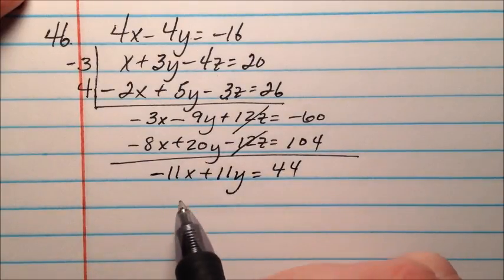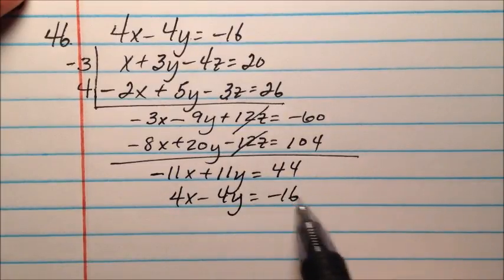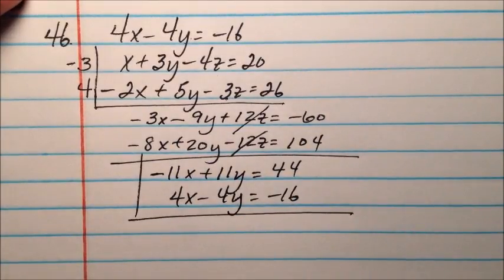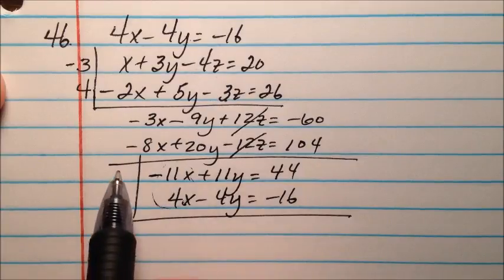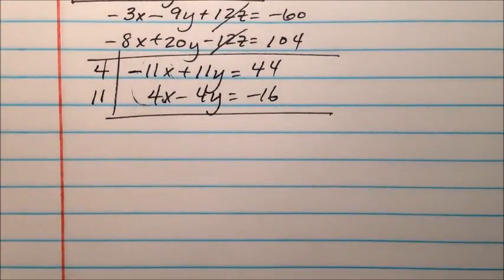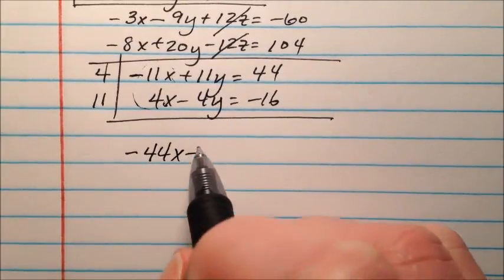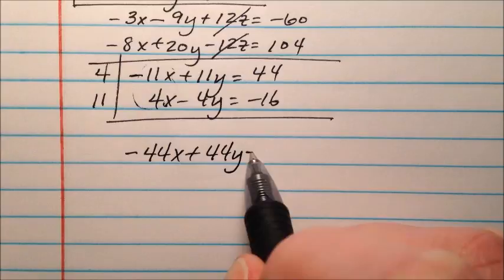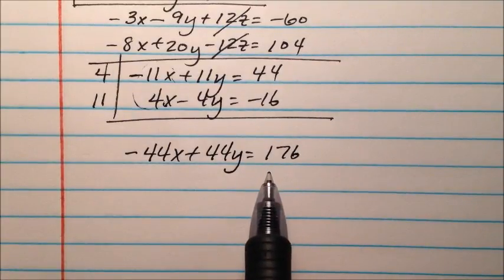I can put that now with my 4x - 4y = -16 at the top. So what that looks like, I can have x's and y's. I can get rid of the x's by multiplying the top one by 4, the bottom one by 11. So -44x + 44y = 4 times 44, which is 176.